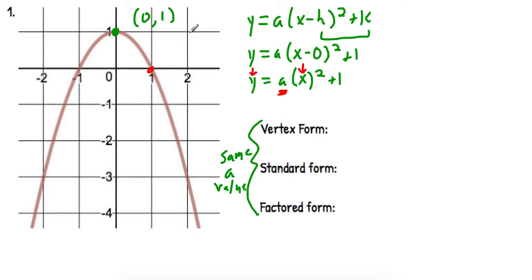The way I'm going to do that is go to my vertex and go over 1 unit in the x direction and then see how far down I go in the y direction. Because I'm going down 1 unit, that means I'm going to have an a value of -1.